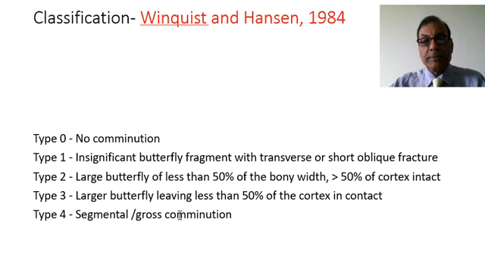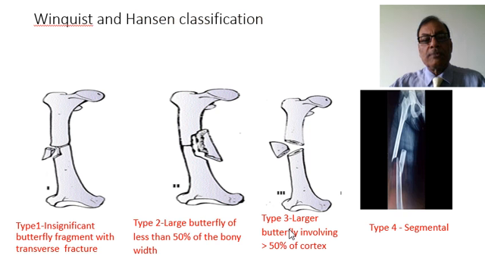More than 50% of the bone width still remains with the parent bone. Type 3 is now the butterfly fragment has got more than 50% of the cortical width along with it. And type 4 is segmental fracture or gross comminution.